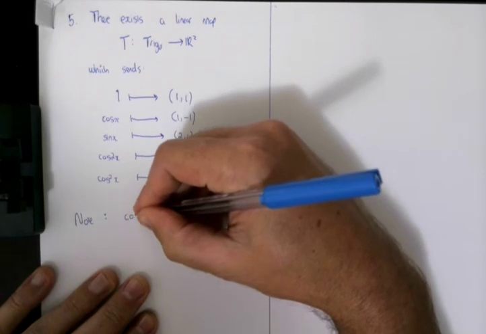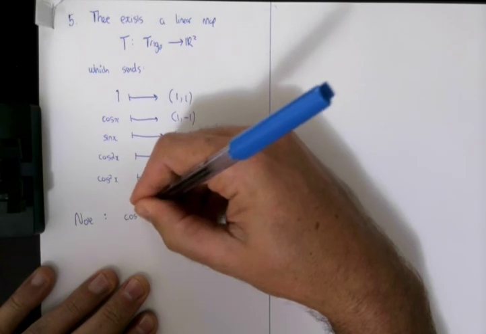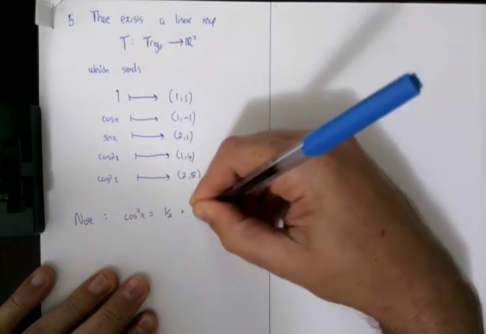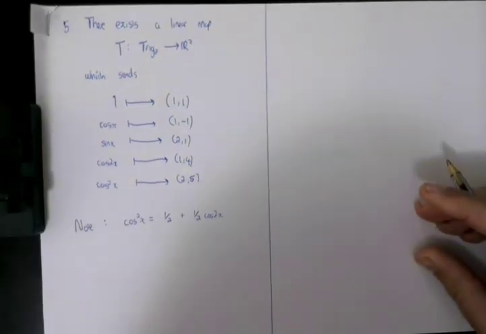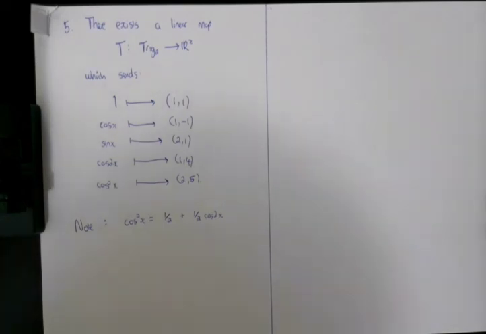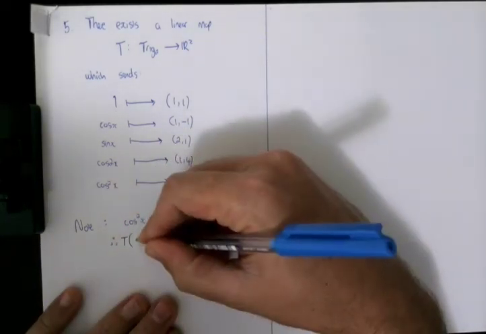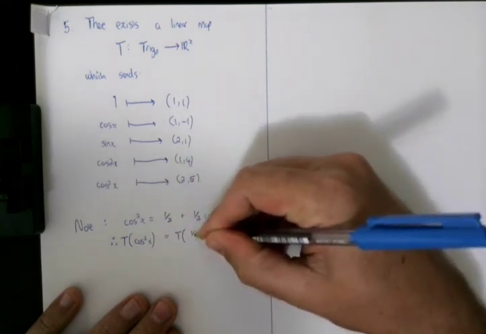Cos squared x is a half plus a half cos 2x, right? Okay, so therefore, if I apply T to both sides, I'm supposed to get the same value.